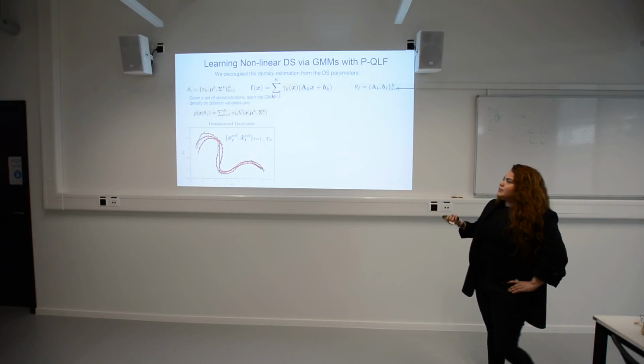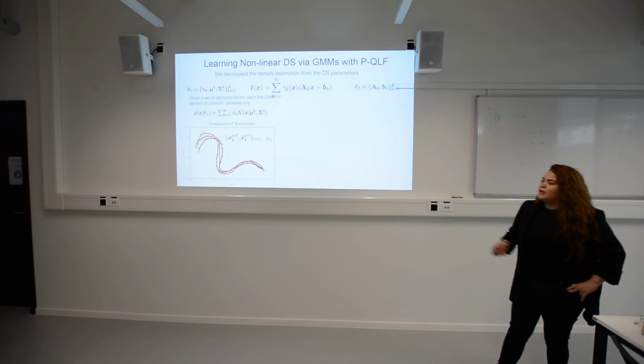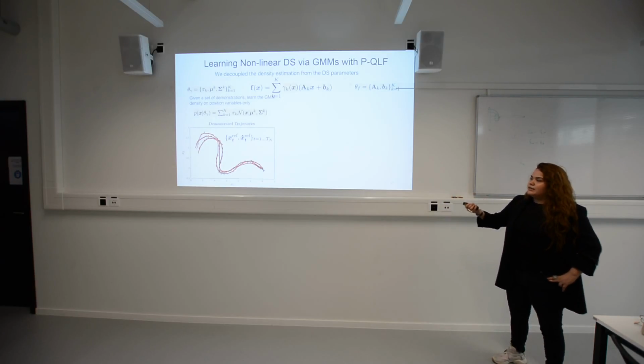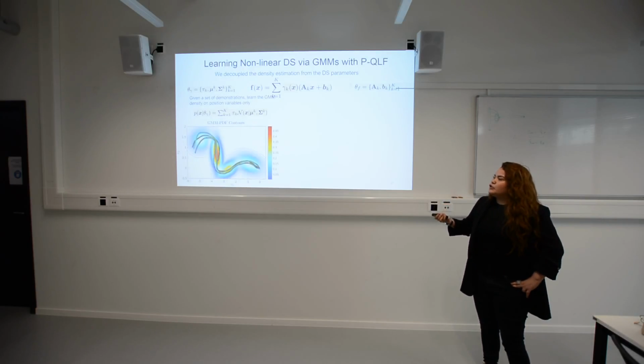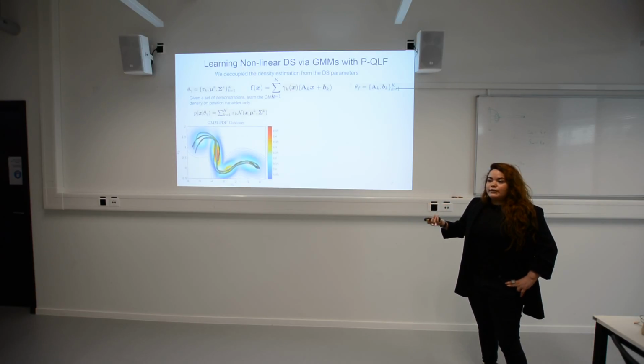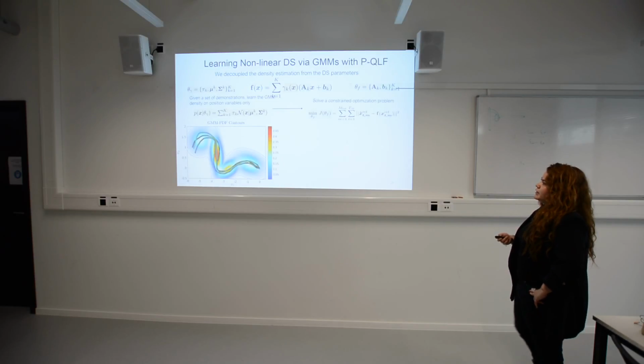So given this set of demonstrations, we followed the same approach as in SEDS at the beginning, but now we only learn the joint density on the position trajectories, not on both position and velocity.